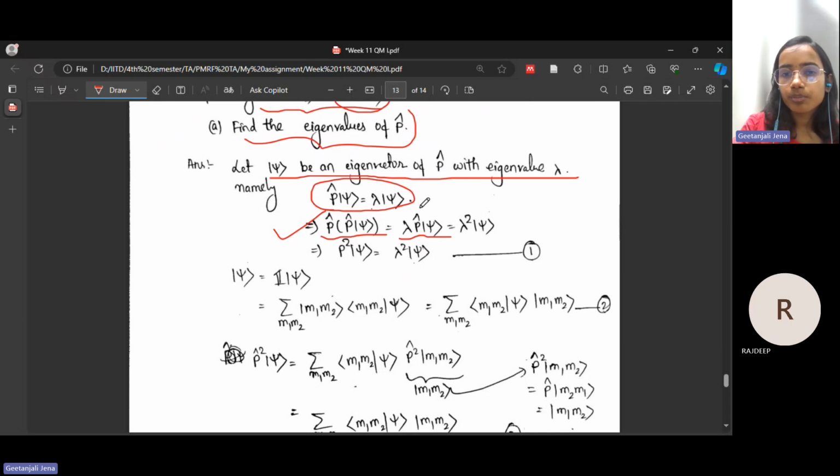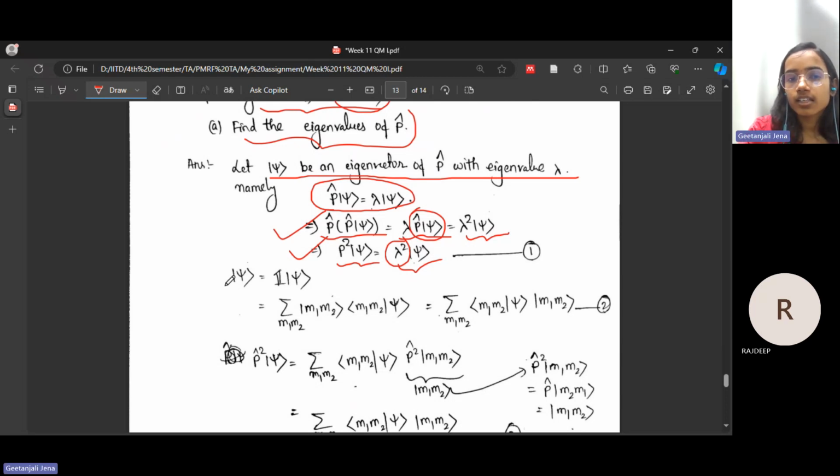And when P acts on psi, we get lambda psi. So from this, we get lambda squared psi. That means the final expression is, when P squared acts on psi, we get lambda squared psi, where lambda is the eigenvalue. So we need to find out the value of lambda here.